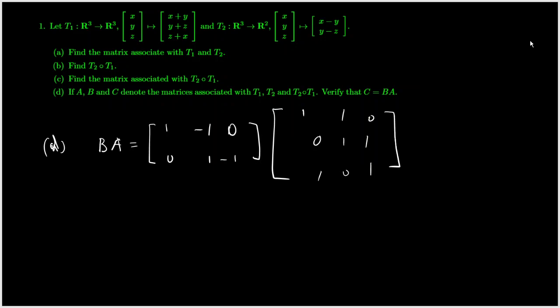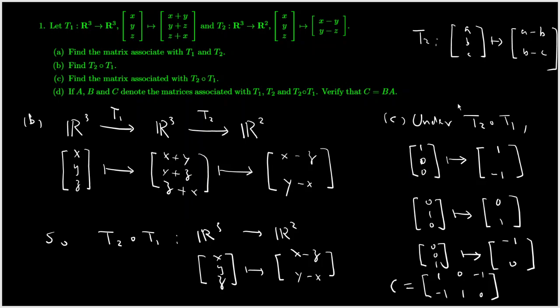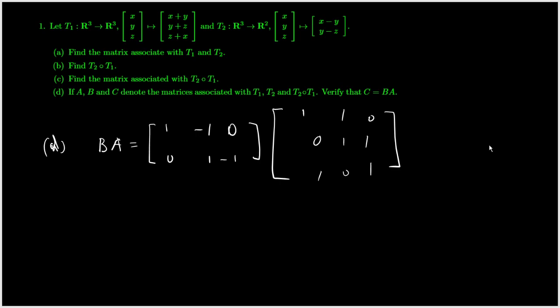Again, the matrix on the left is B, the matrix on the right is A. And then I want you to actually multiply the two matrices. If you want to show your work, you could show your work, but the answer has to be C. So can I skip that?